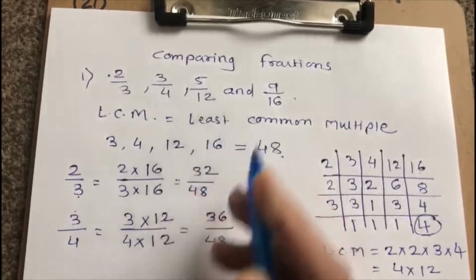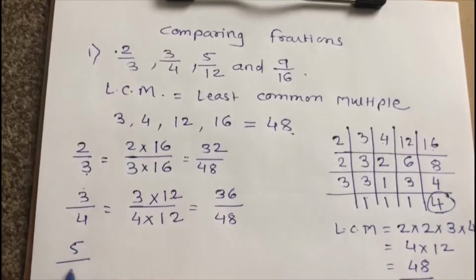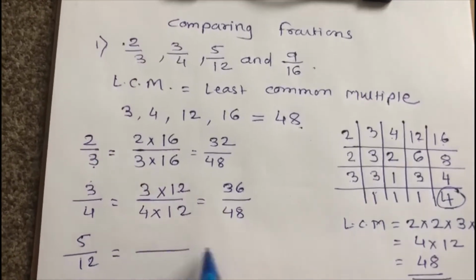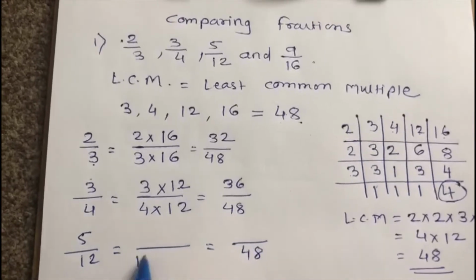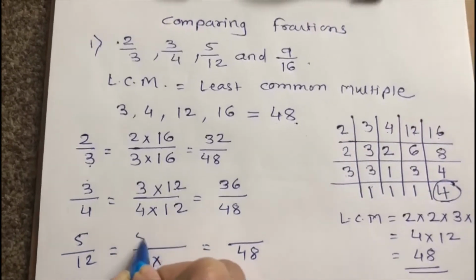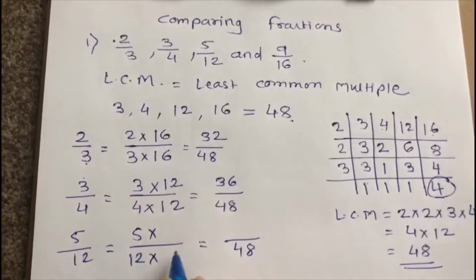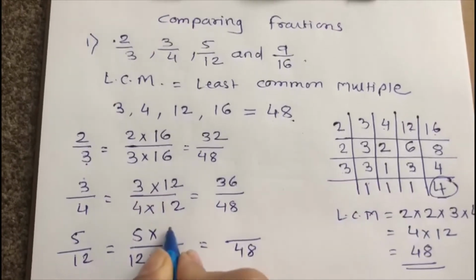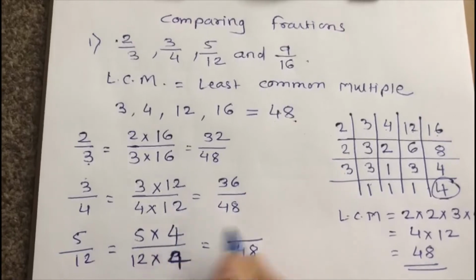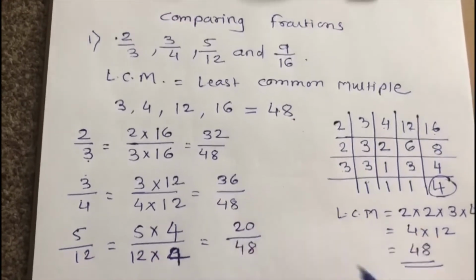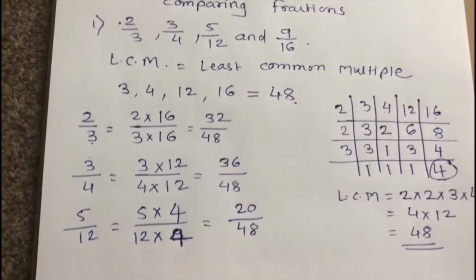The next fraction is 5 by 12. As I want denominator 48, I multiply numerator and denominator by 4. So it comes as 20 by 48.